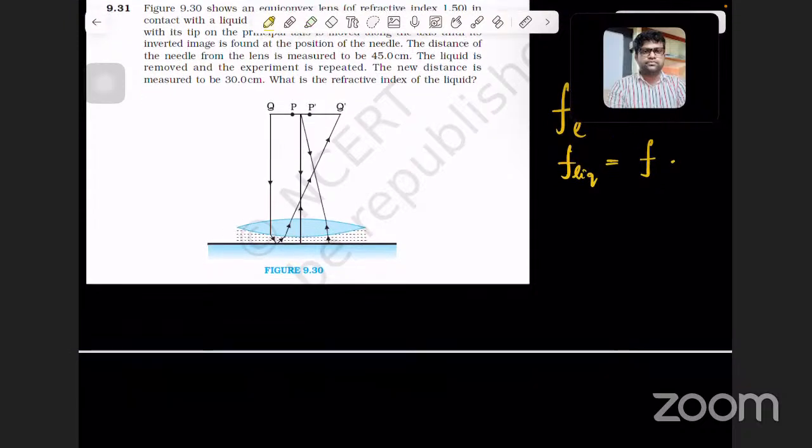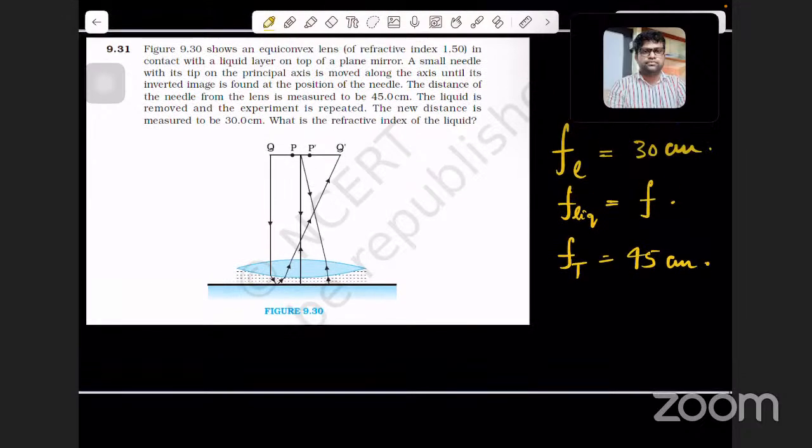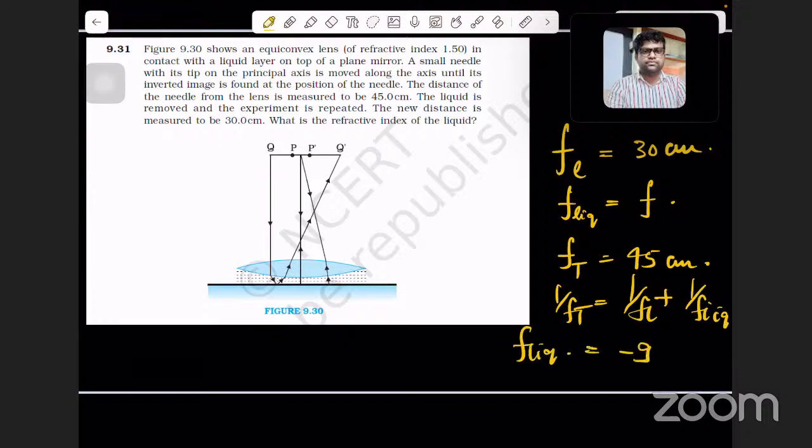The focal length of the total system, when both of them are there, is 45 centimeters. Now the equivalent focal length: 1 over ft is 1 upon fl plus 1 upon f liquid. From that you find f liquid as minus 90 centimeters.